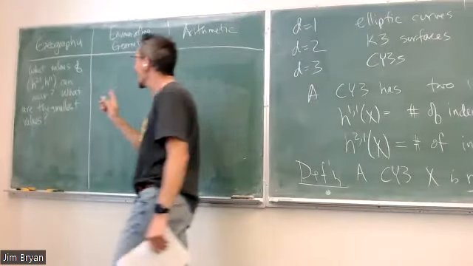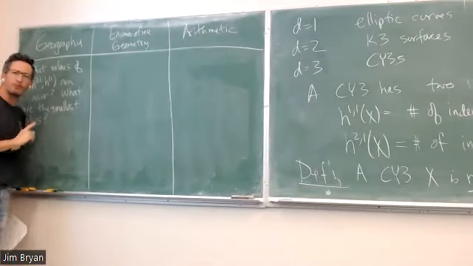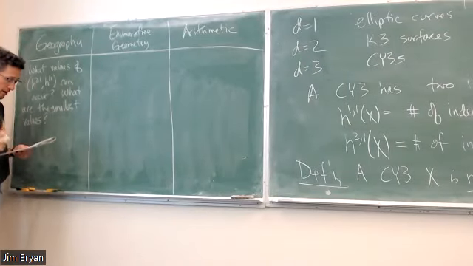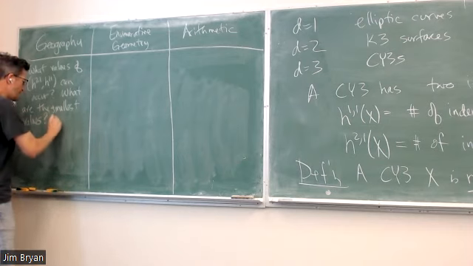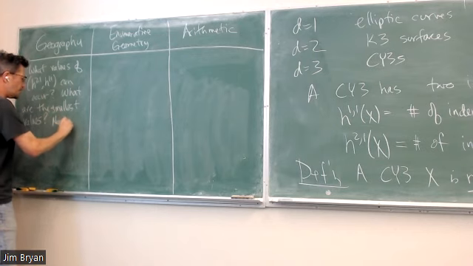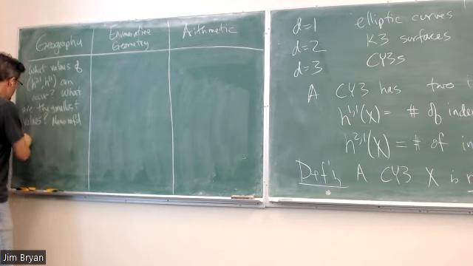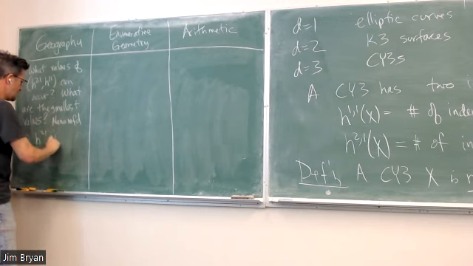So this is about as small as shows up on these lists. Maybe I should write that. So nano-manifold means that the sum of H21 plus H11 is less than or equal to 4.